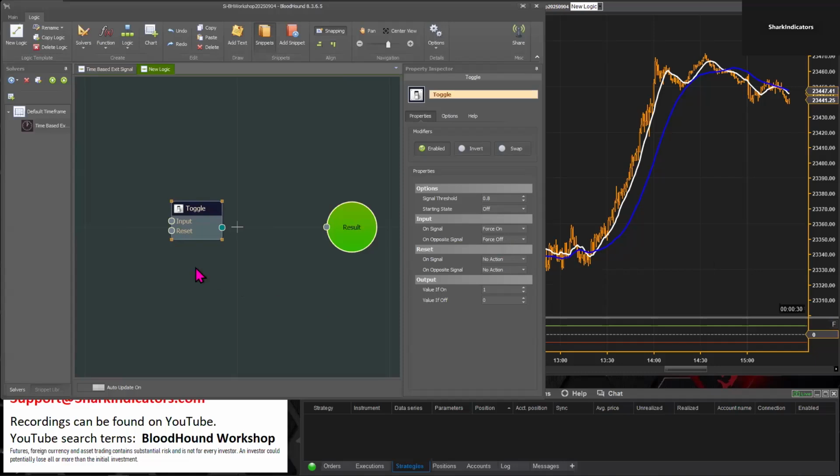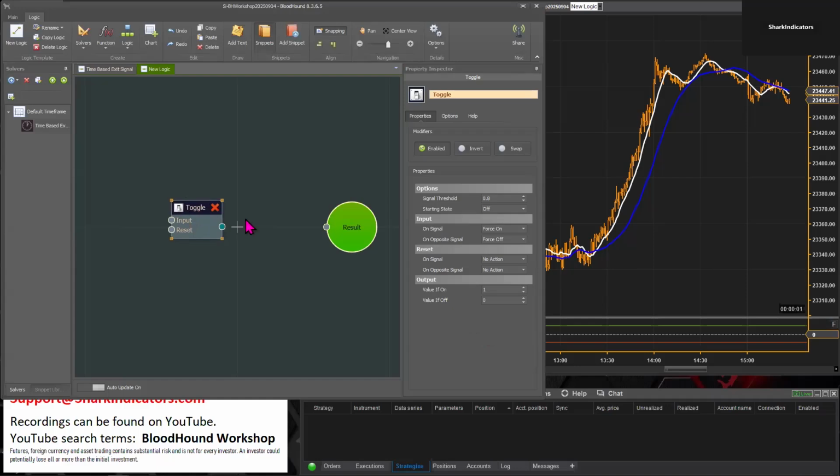You can also use resets to control various actions. With two inputs, an on signal and an on opposite signal, you have a lot of flexibility to turn this toggle node on and off.